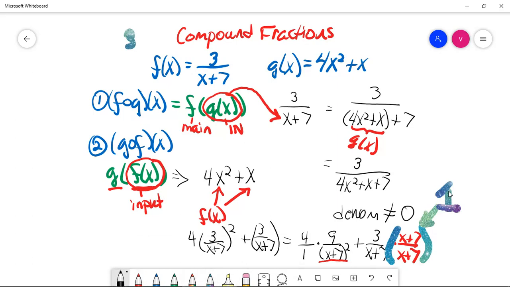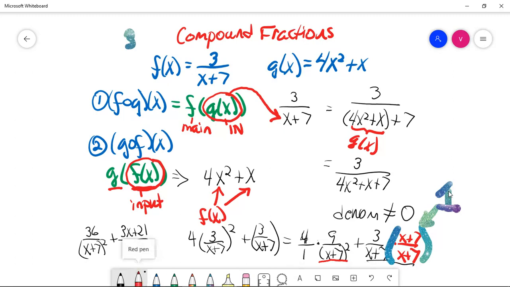So this just becomes 4 times 9 is 36 over x plus 7 squared, plus, now distribute this, 3x plus 21 over, and now x plus 7 times x plus 7 on the denominator becomes x plus 7 squared.